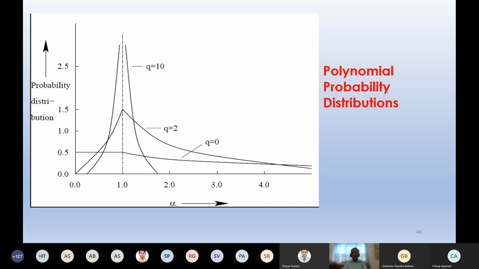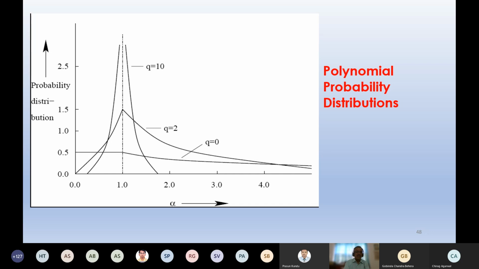The observation is very important. Now, the observation is as follows. The less the value for this particular Q, the wider will be the range for the distribution and vice versa. That means the higher the value of Q, the steeper will be the distribution. Now, what do you mean by this steeper distribution?